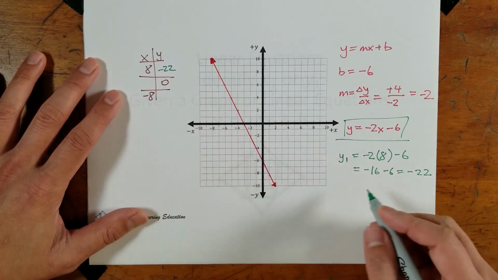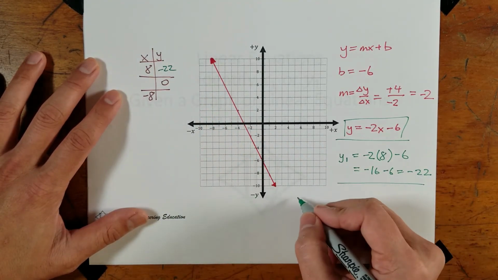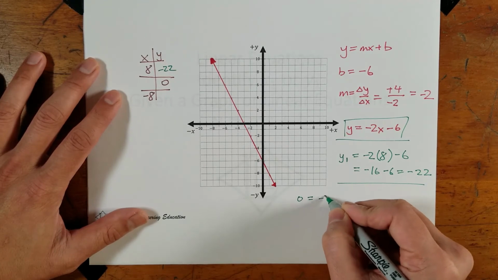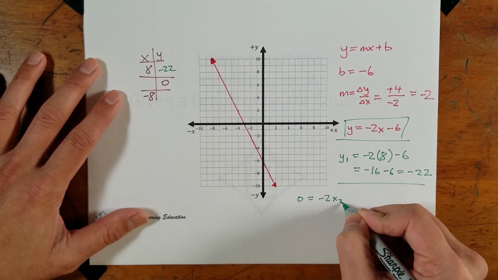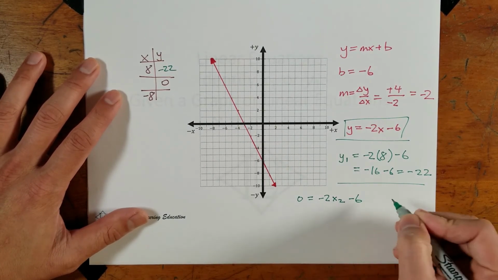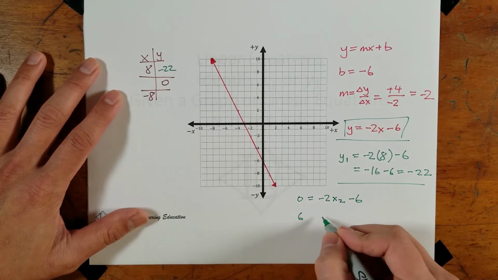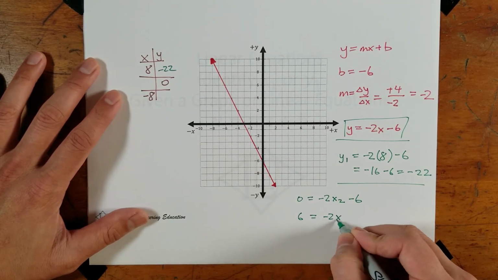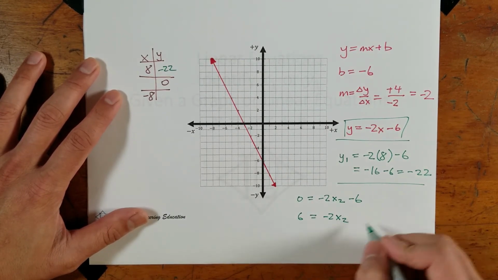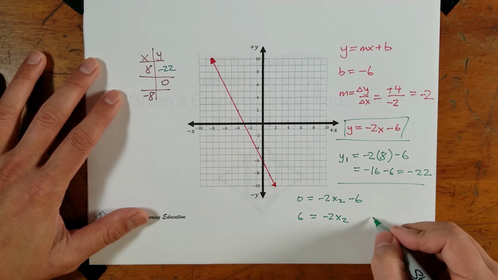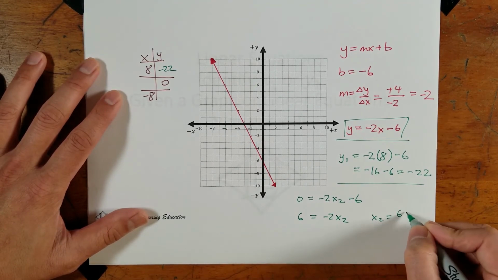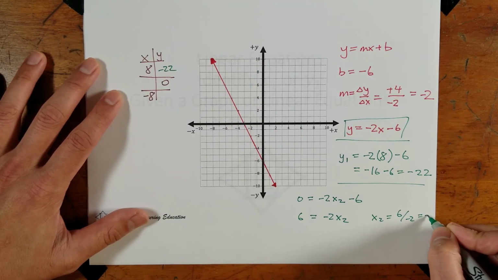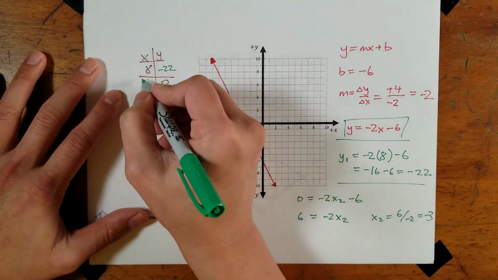At y equals 0 for y2, we get 0 is equal to negative 2 times x2, which we're solving for, minus 6. Move the 6 to the left of the equation. Then divide by negative 2 on both sides. We get x2 equals negative 3.